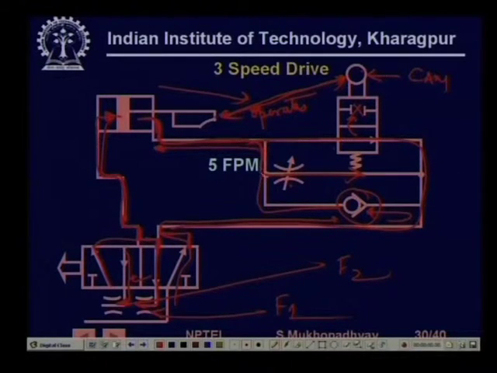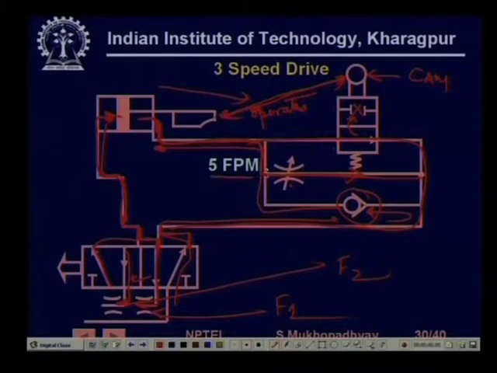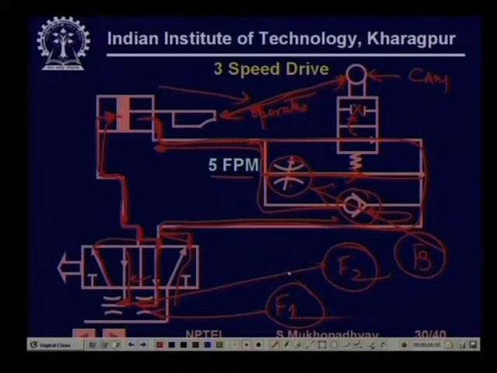So, it will pass through this. So, after a certain time, the flow is going to be only 5 FPM, that is feet cube per minute, that is a unit. So, it is going to be only 5. So, you see, maybe this setting is F3. So, you can realize 3 settings, F1, F2 and F3 using this circuit, right, pretty good.